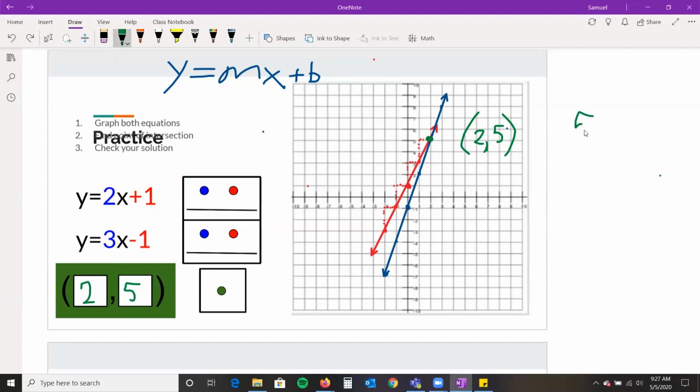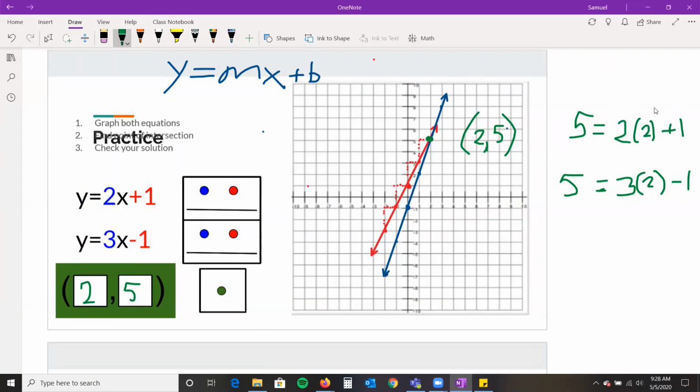So 5 equals, and instead of an x, it's a 2 now, plus 1. And here we've got 3 times 2 minus 1.